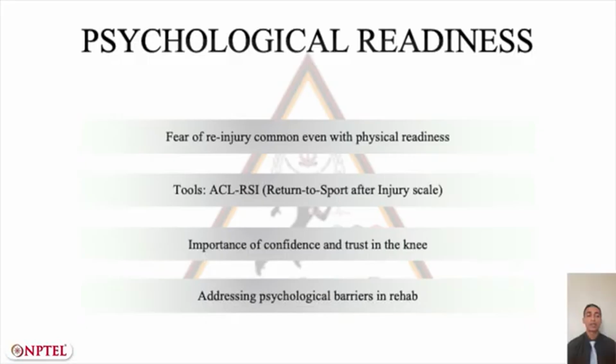Athletes who lack psychological readiness compensate with unsafe movement patterns, increasing incidence of re-injury. Counseling and graded exposure to sport-specific tasks are essential parts of rehab. This responsibility primarily resides with the sports medicine physician, the strength and conditioning coach, and the sports psychologist.